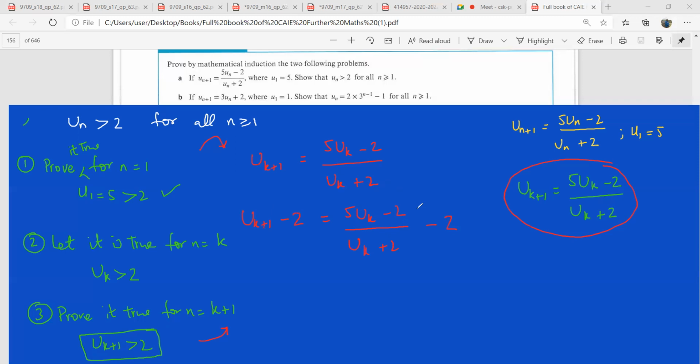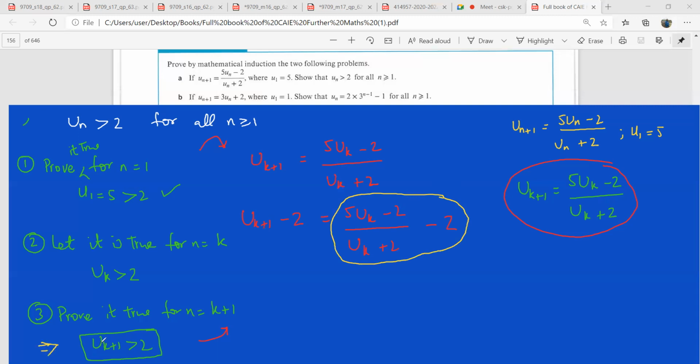Now all I have to do is try to prove that all of this is a positive value. If I prove that this is more than 0, I'll change this equality sign to more than, put 0 here, and this 2 would go over there and this will be proved.